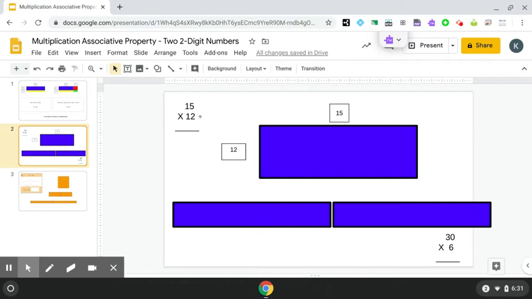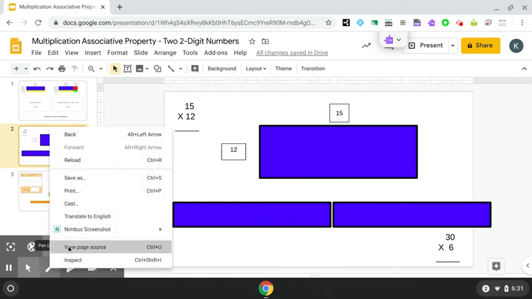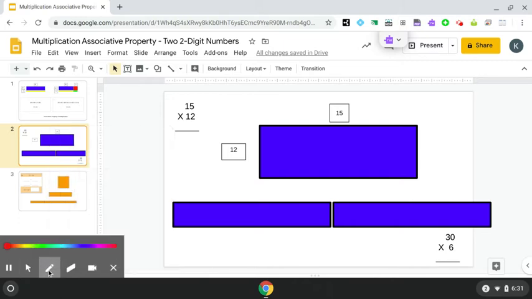So if we take a look at these factors, we notice that 12 is the number we could cut in half because it is the even number. I always like putting that even number on this side as the width because it makes it easier to cut in half. So if we were to cut this rectangle into two equal pieces, instead of 12 by 15, we take this top part and put it here, and this bottom part here.